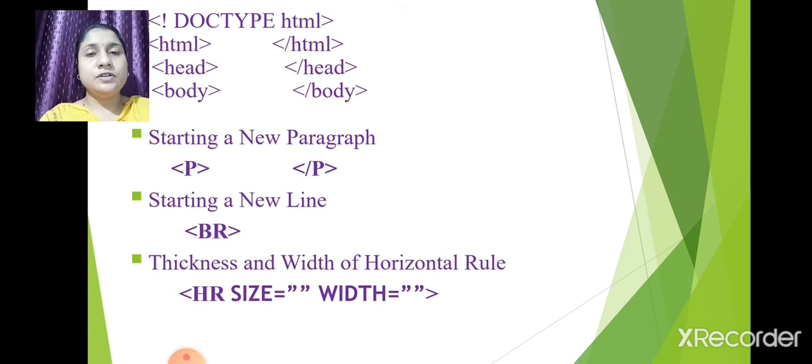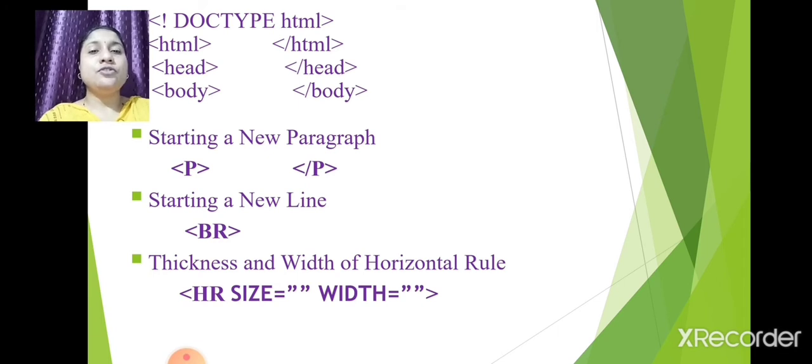Now the next is starting a new paragraph. All of you know that P is used for paragraph. This paragraph tag also has both opening and closing. Then to start a new line we use the tag BR.